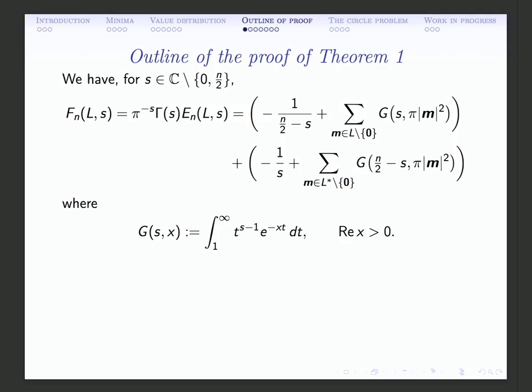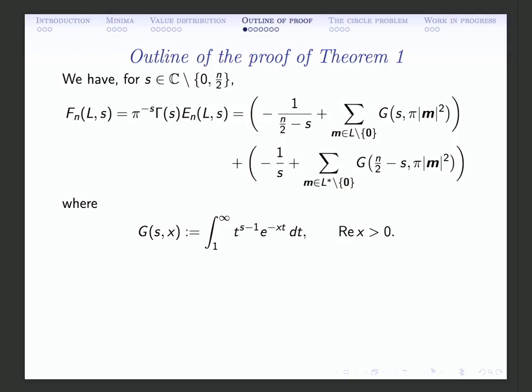And the starting point is that if you take the completed zeta function that I denote by Fn on this slide, then you can express it in terms of incomplete gamma functions, exactly as you do for the Riemann zeta function. You express this completed zeta function as an integral of a theta function, and you divide this integral into two pieces, and they turn out to give these two brackets that are on the top of this slide.